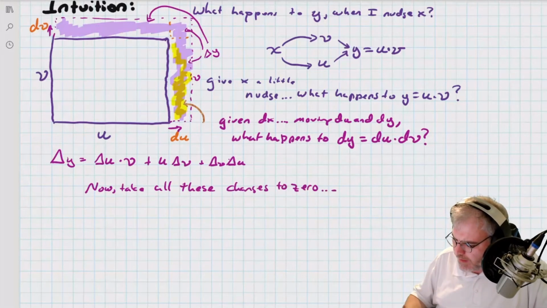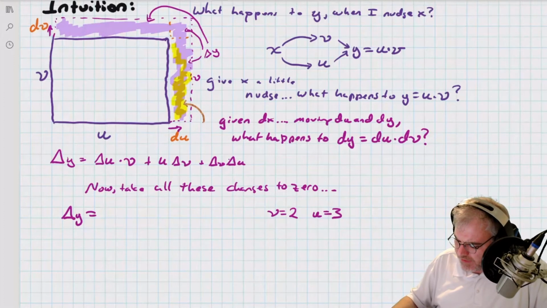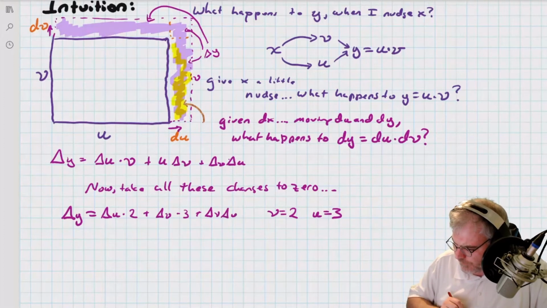So to begin with, let's do this. Change in y equals, let's let v equal 2 and u equal 3. And then let's play with the changes here. If this is change in u times 2 plus change in v times 3 plus change in v times change in u.